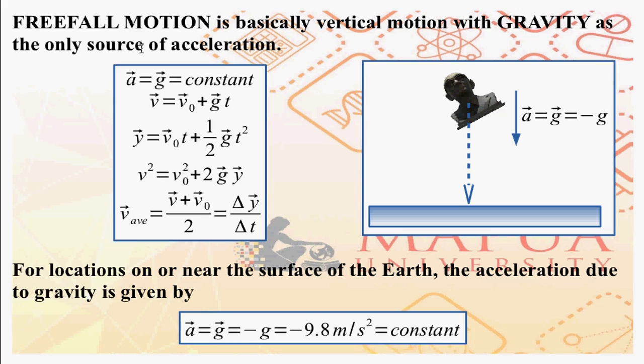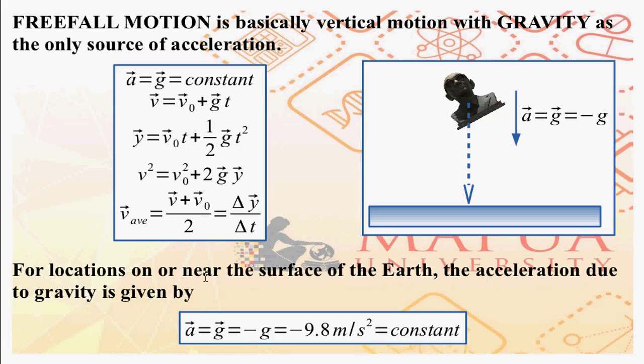In freefall motion, the object is restricted to move along the y-axis, the vertical axis, and the only source of acceleration is gravity.